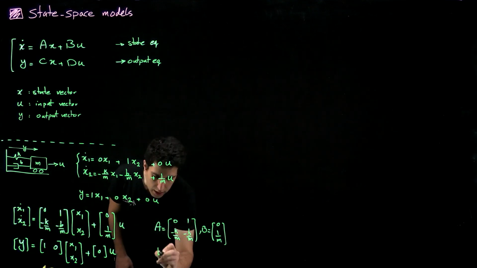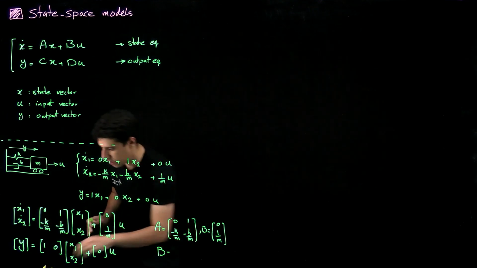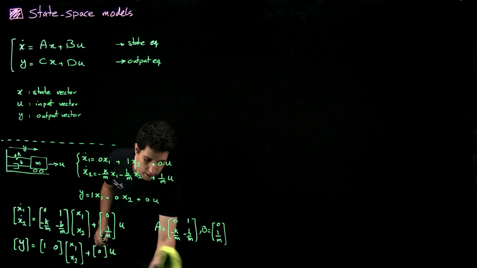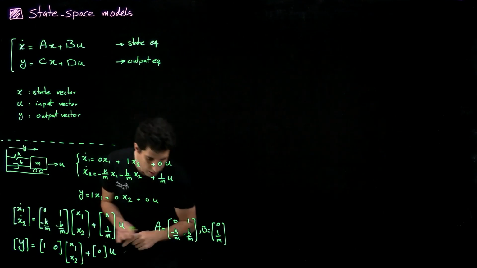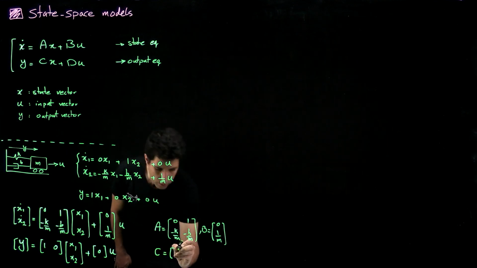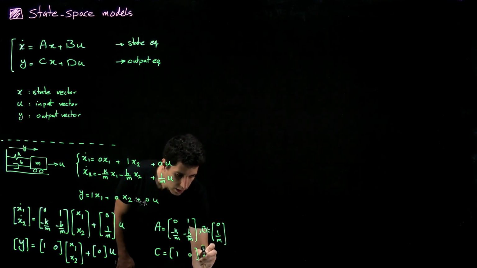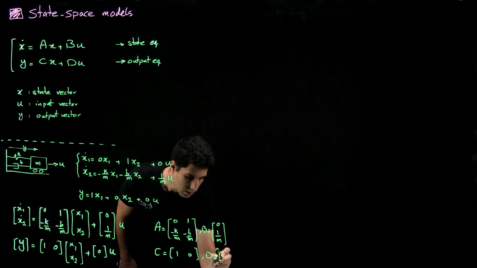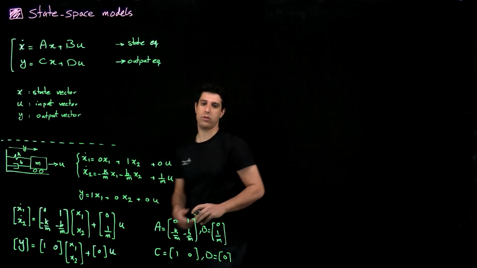So from here, C is 1, 0, and D is just a matrix of 0.